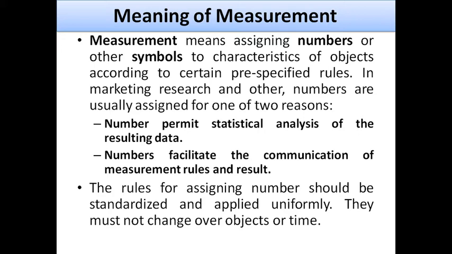Then there are various other statistical techniques. Numbers permit the use of these statistical techniques. Another reason is numbers facilitate the communication of measurement rules and results. So this is another reason for which numbers are assigned for the purpose of measurement.